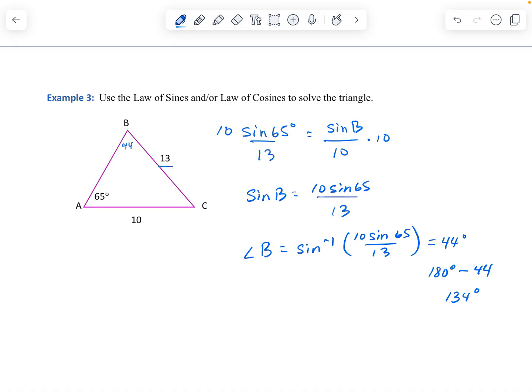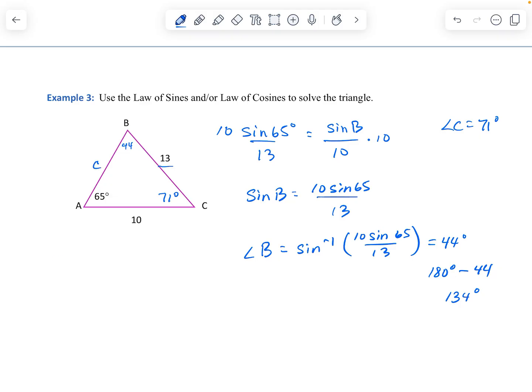So now I can just do 65 plus 44, which is 109. And then 180 minus 109 gives me 71 degrees for angle C. So angle C is equal to 71 degrees. The only thing I have left to do is figure out what little c is.